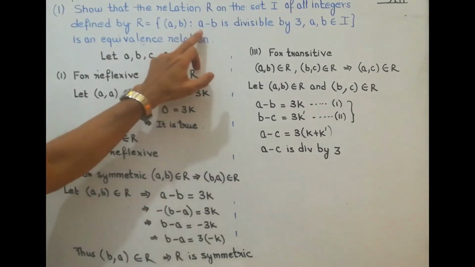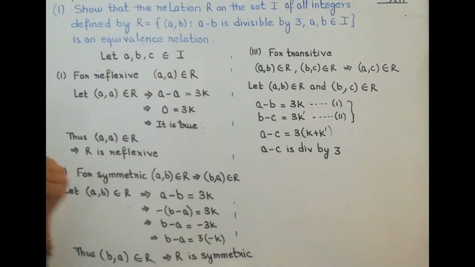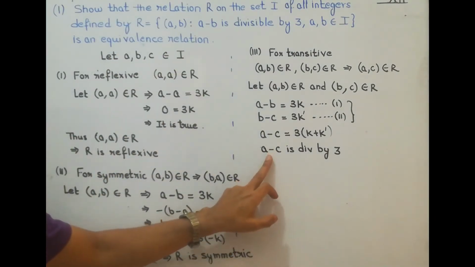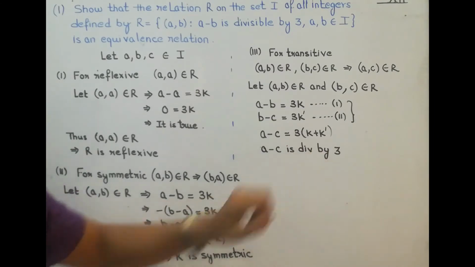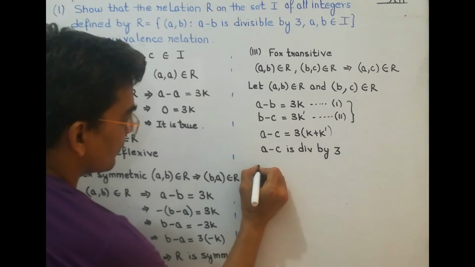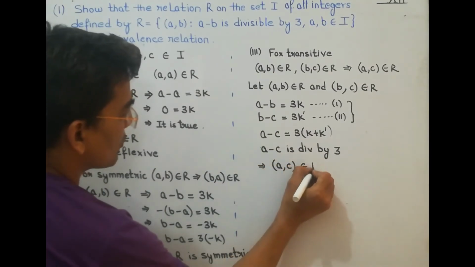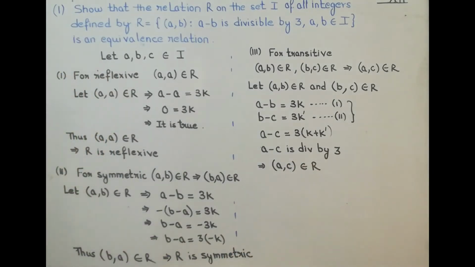See, if a minus b was divisible by 3, so (a, b) belongs to R. Similarly, here we have shown that a minus c is divisible by 3, so we can say that (a, c) belongs to R. Is it clear? You got a minus c is divisible by 3, so you can say that (a, c) also belongs to R. So here we have proved the definition for transitive.